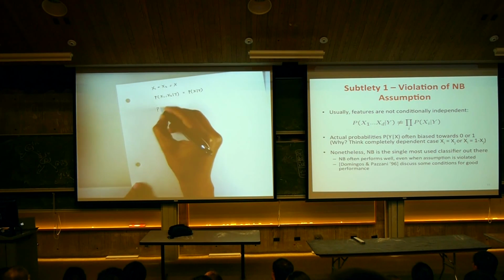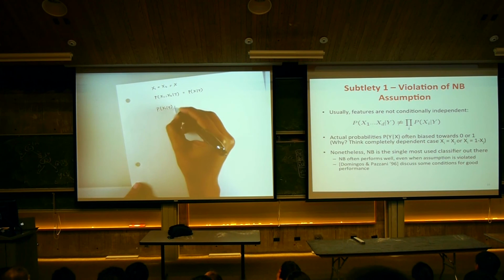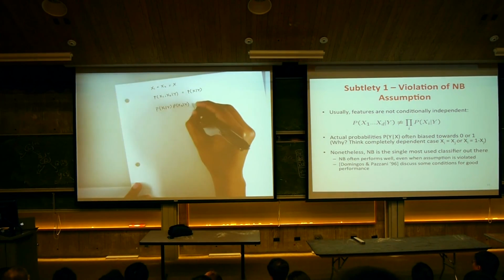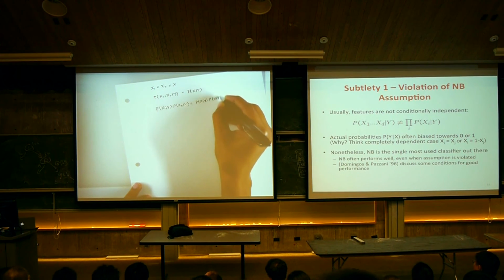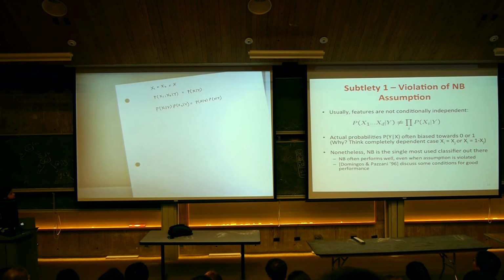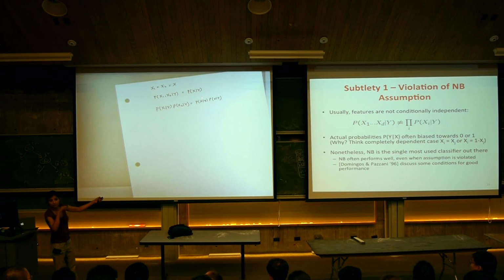But the naive Bayes classifier is going to write it as p of x1 given y times p of x2 given y, which is p of x given y times p of x given y. And because probabilities are less than 1, this value is going to be smaller than this value. So it's going to be biased towards smaller and smaller values.